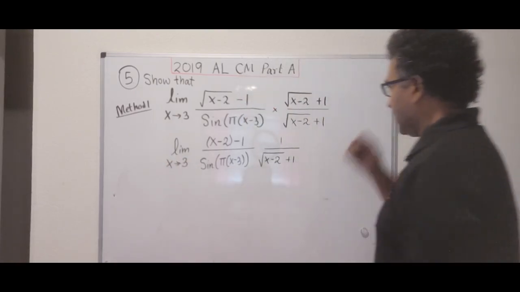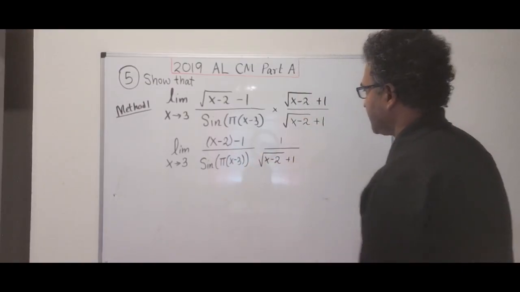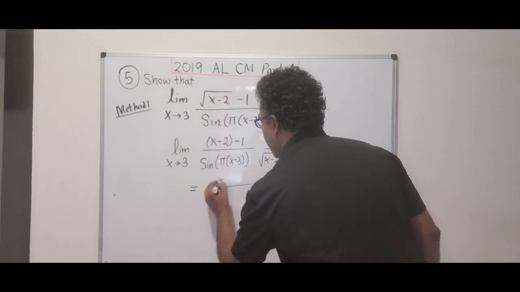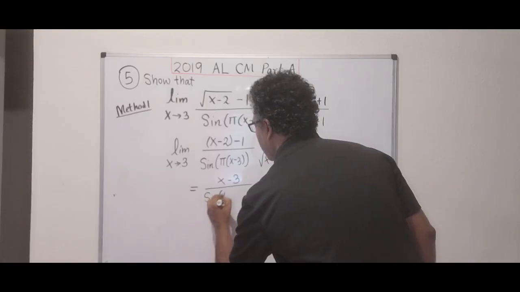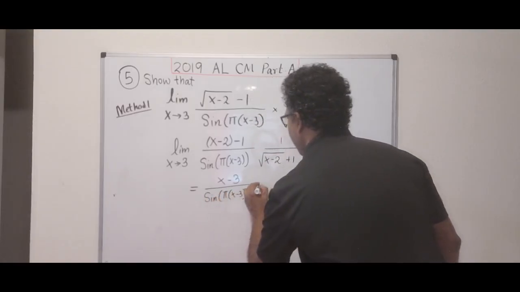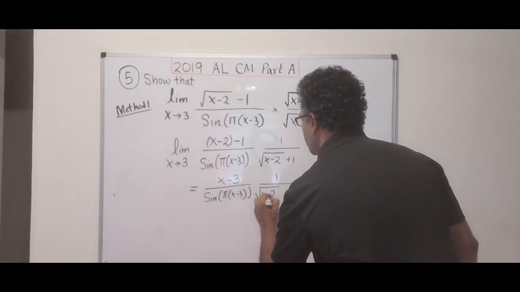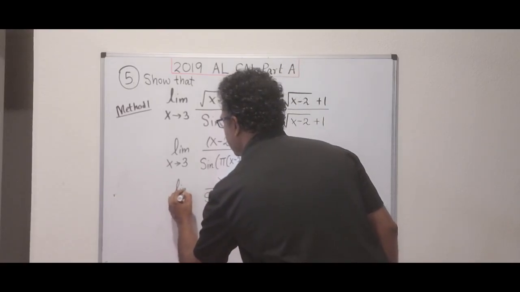Now, let's look at the numerator again. The numerator here is going to be x minus 3, and the denominator is sine pi times x minus 3, and then here I'll have 1 over square root of x minus 2 plus 1, and again this is a limit as x goes to 3.